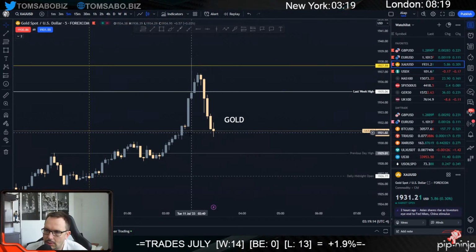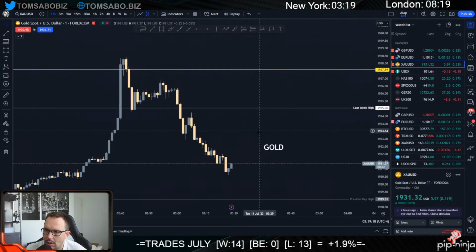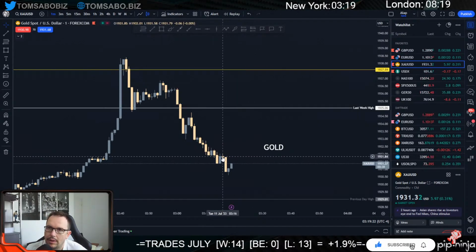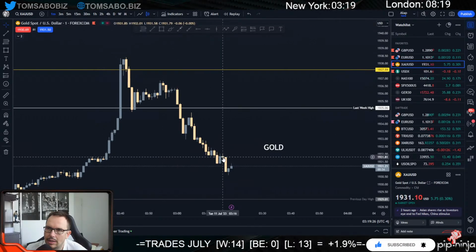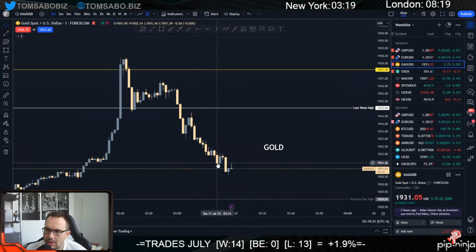Now gold went into this fair value gap on the 5 minute. We have a small structure. Well, let's see the high. Yeah, so the high is 32.01. 32. So this is not a structure. This is not a structure yet.